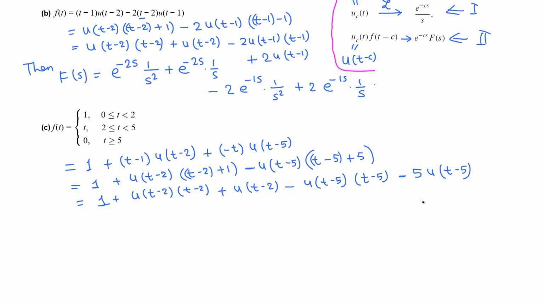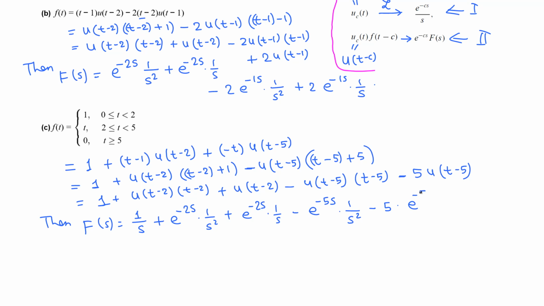Now using the formula, the Laplace transform is, by the way, looking at the table, the Laplace of 1 is 1 over s, plus, this is using the second, like we've done earlier, e to the negative 2s, Laplace of t, which is 1 over s squared, plus using the first, e to the negative 2s times 1 over s, or all over s, same thing, minus using the second, e to the negative 5s, Laplace of t, 1 over s squared, minus 5 times using the first, the Laplace of u(t minus 5) is just e to the negative 5s over s.